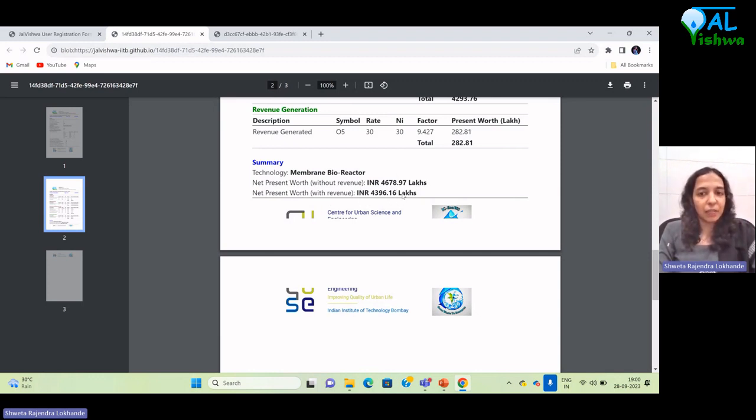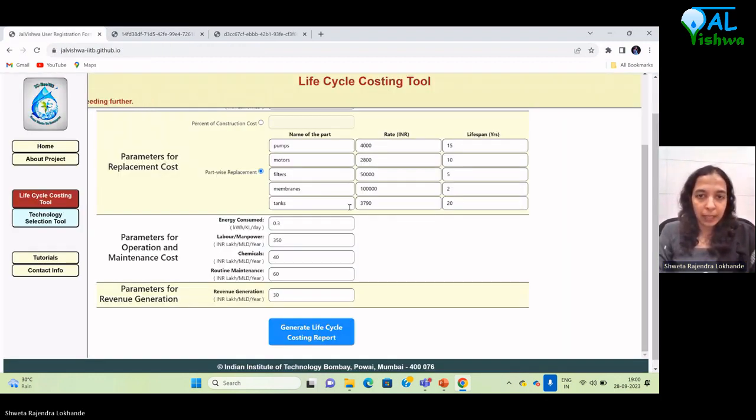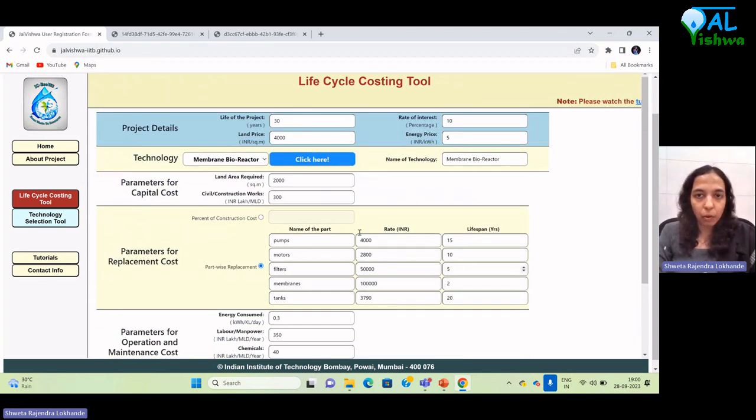This is the life cycle cost which you should note for different technologies, as that will be the data set which you will feed into the decision support tool. This is something that you need to remember. So that is all about the life cycle tool.